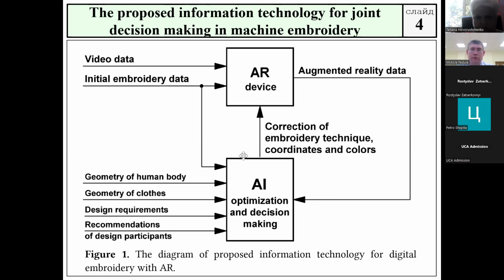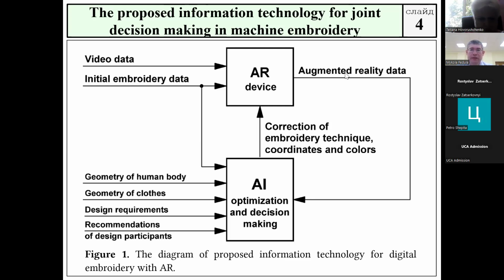The structure of our technology is presented on the next slide. The input video data and initial embroidery data are transmitted to the AR device. And simultaneously, the initial data is transmitted to the AI optimization and decision-making system.